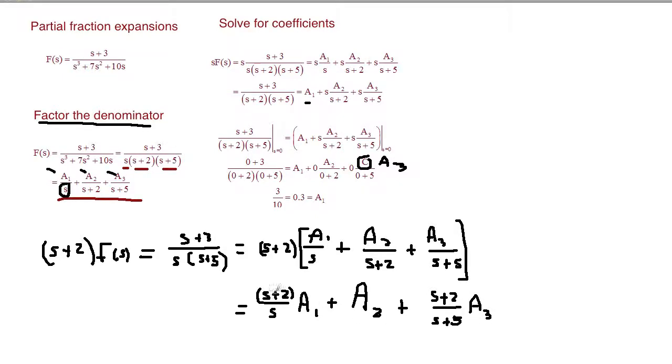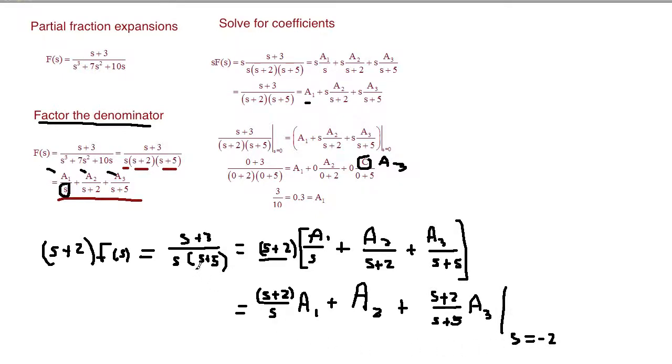And now I'm going to evaluate where does s plus 2 equal 0? S plus 2 equals 0 when s is equal to negative 2. So I'm going to take this whole thing right here and evaluate it at s equal to negative 2.